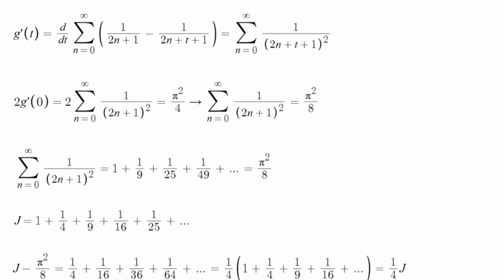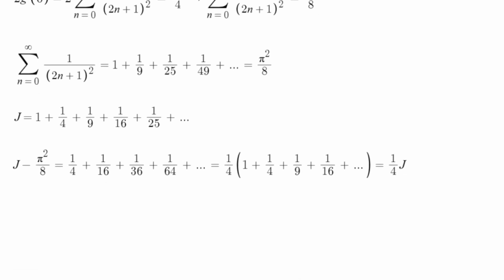You could continue the pattern yourself if you would like. Then you can factor out a 1/4 from that, and you'll be left with 1 plus 1 over 4 plus 1 over 9 plus 1 over 16, and that is exactly j. So we've shown that j minus pi squared over 8 is equal to 1/4 of j.